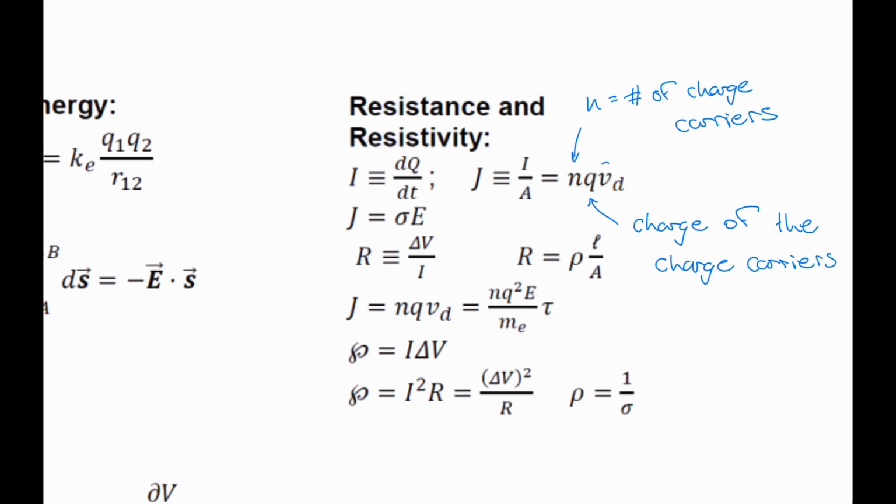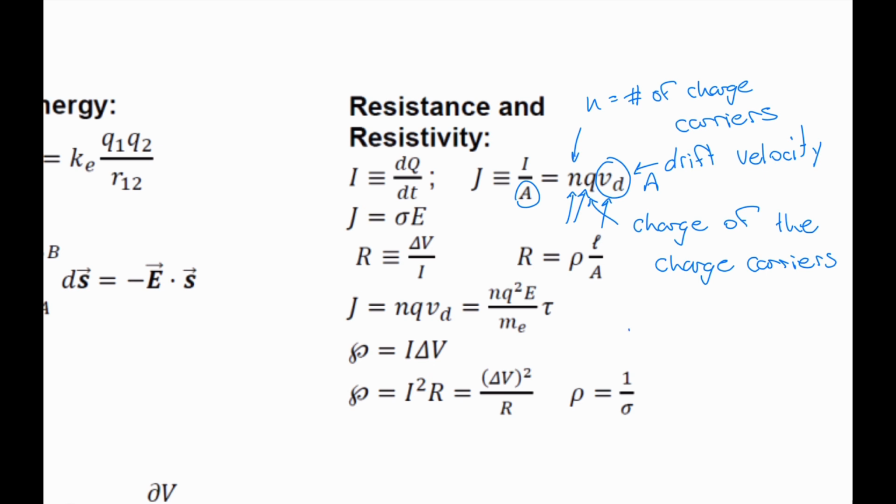And over here, this VD is an entire thing written together. It is called the drift velocity of the charge carriers. So if you have a certain number of charges, a specific charge, and a specific speed that they're going through, you get the charge density. And if you multiply that by the area over here, then you get current.